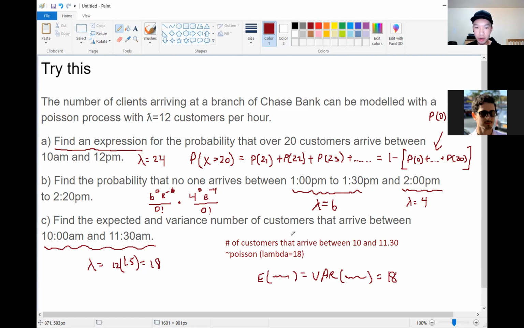Okay, great. Yeah, that should be it. So any questions on Poisson processes? I understand this is pretty simple because it's kind of just a Poisson random variable with some assumptions.